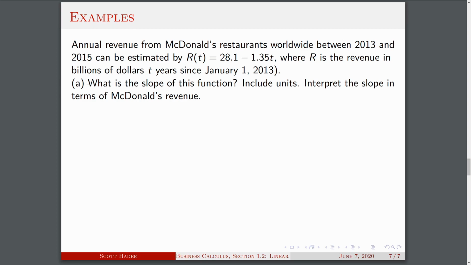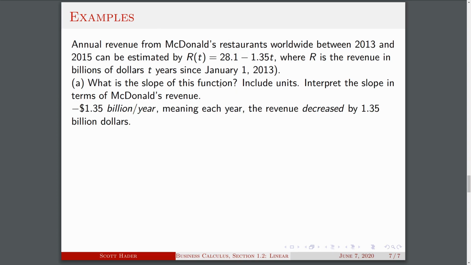Okay, so let's see. What is the slope of this function? So the slope is the coefficient to the x variable, which is t in this case. So the slope would be minus 1.35. It's just that number. All right, and what does that number mean? I guess before talking about the meaning, let's talk about the units real quick.